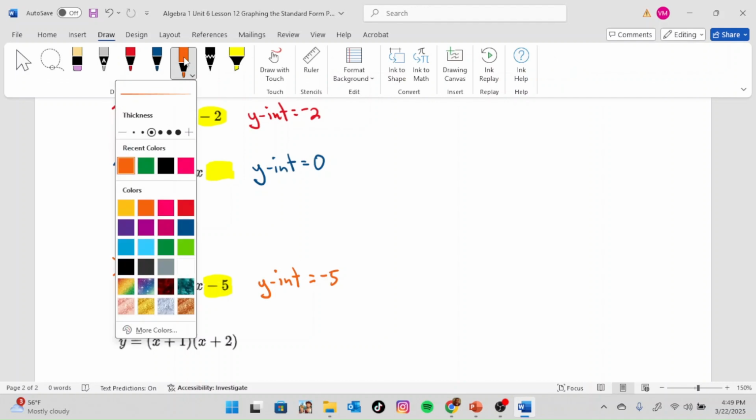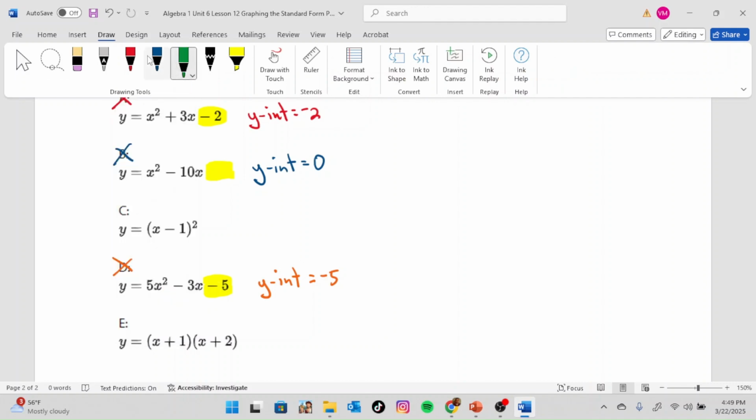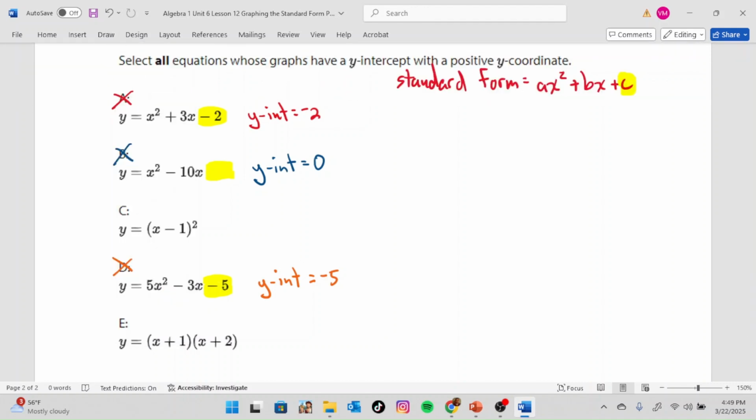Now, the other two choices here are in factored form. And if it's in factored form, then we need to let x be 0. Because if I'm on the y-axis, then my x value is 0.